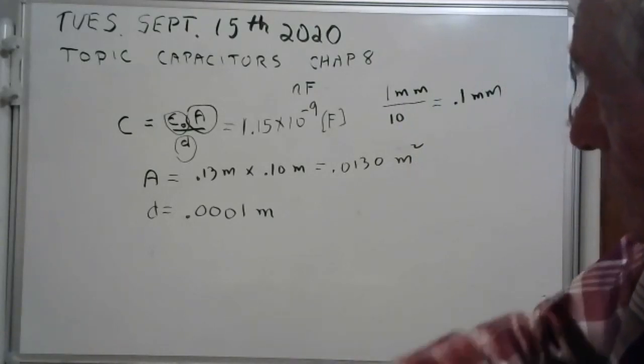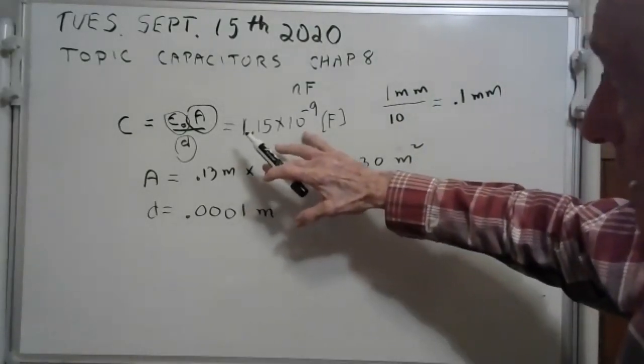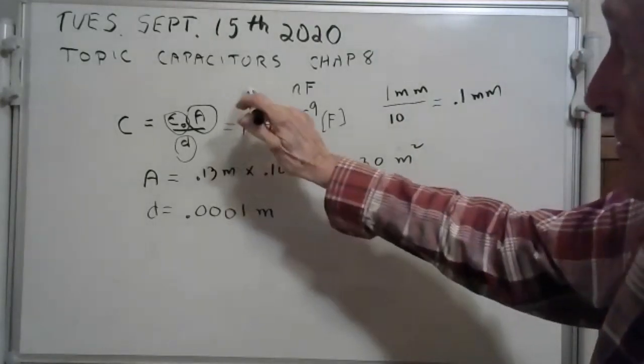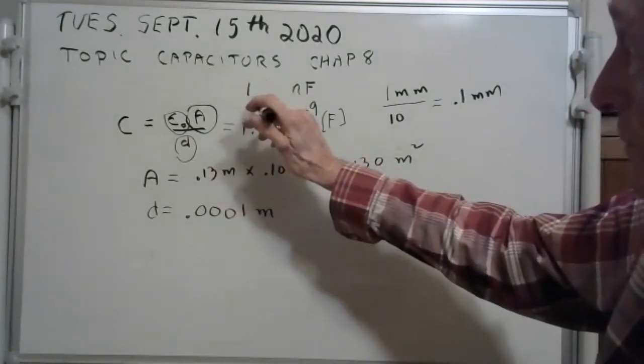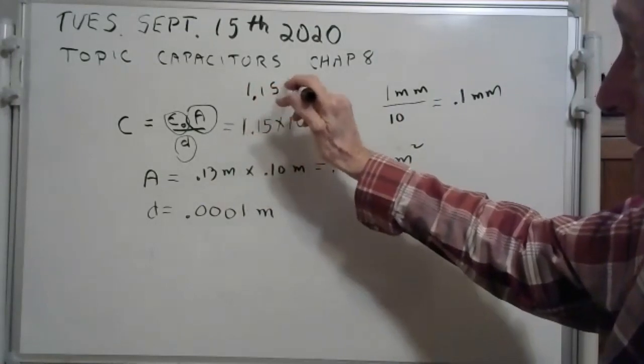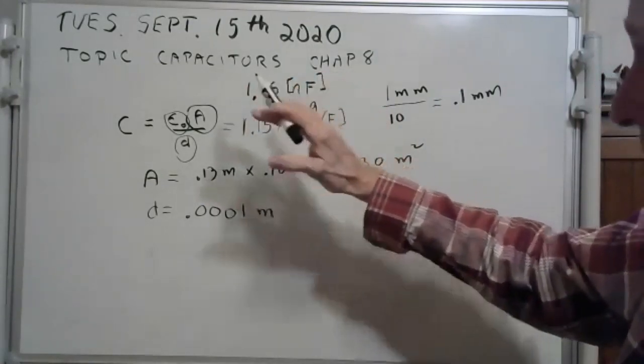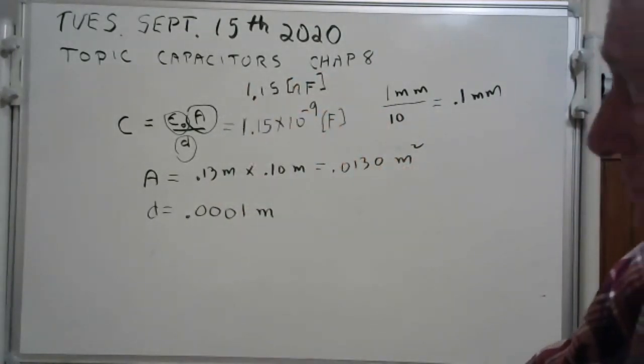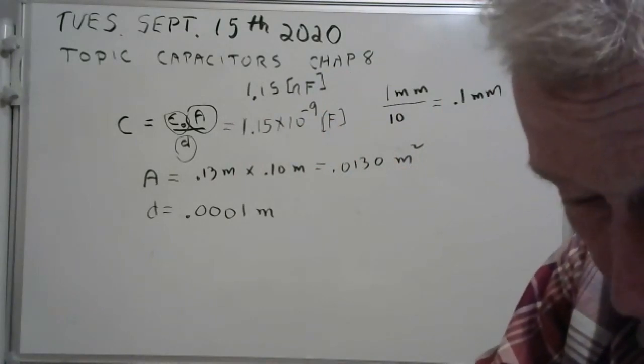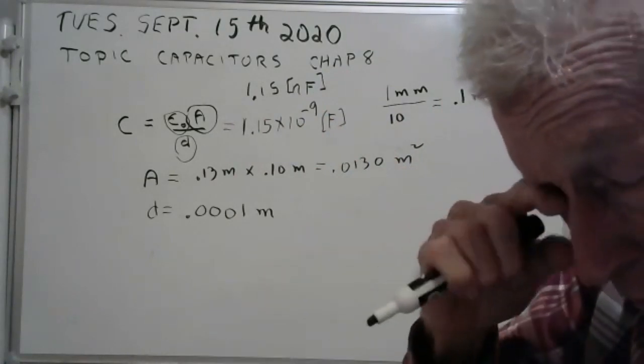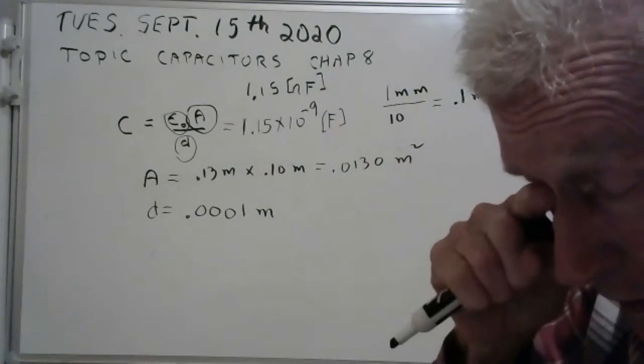Okay, now what I was going to say is that is a nano. And so you could say 1.15 nanofarads if you wanted to. That'd be fine. It's just fancier, that's all.